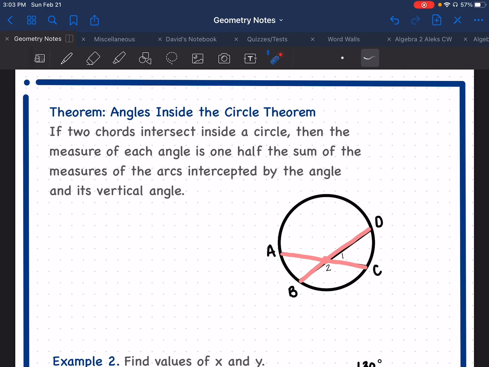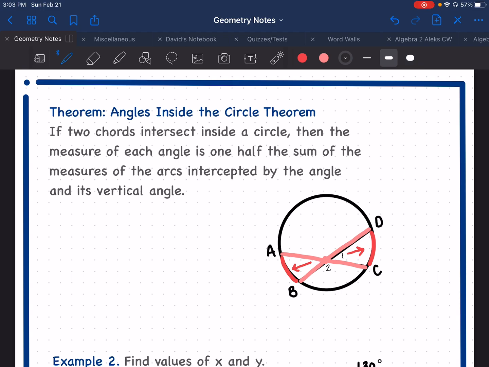Let's take a look at angle 1. Angle 1 intercepts this arc here and this arc here, going crisscross across from it. So angle 1 does this arc and this arc.